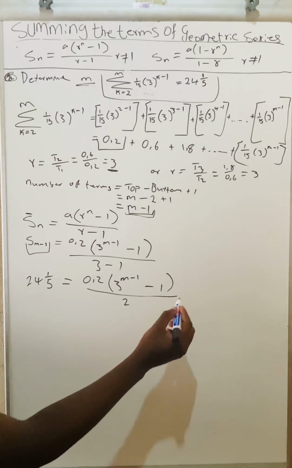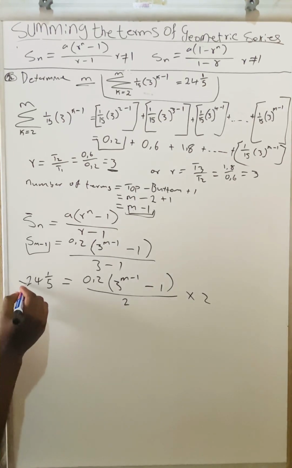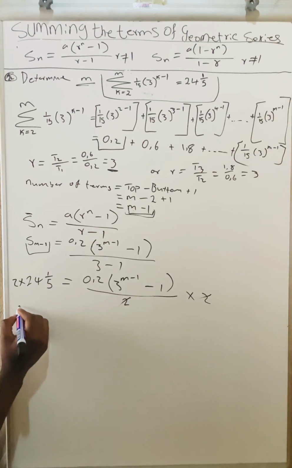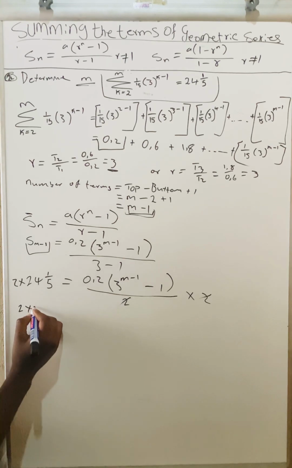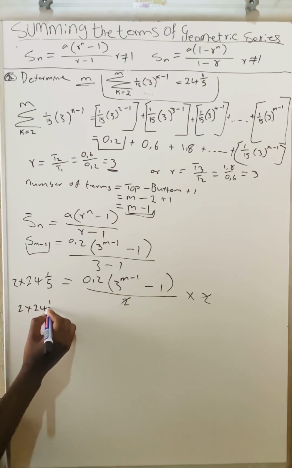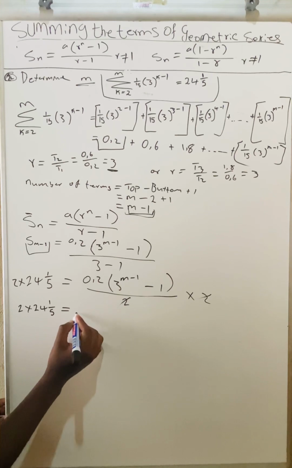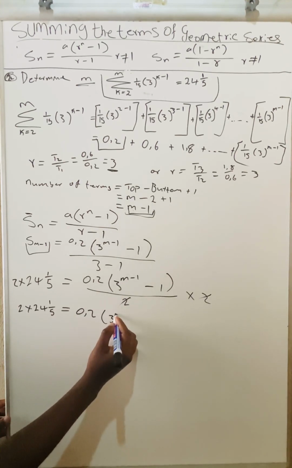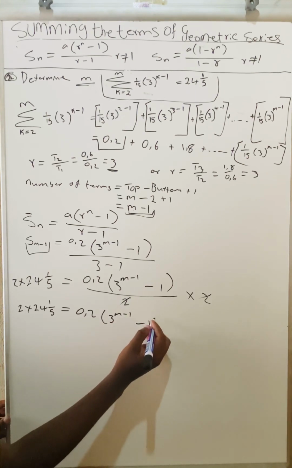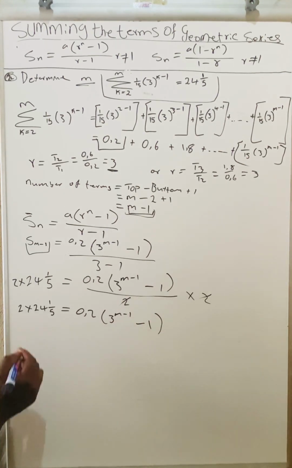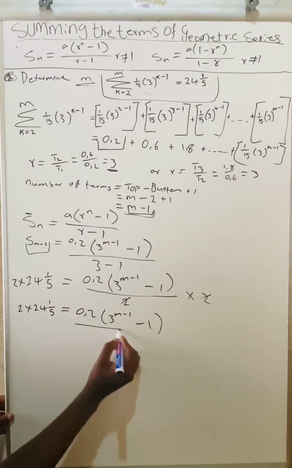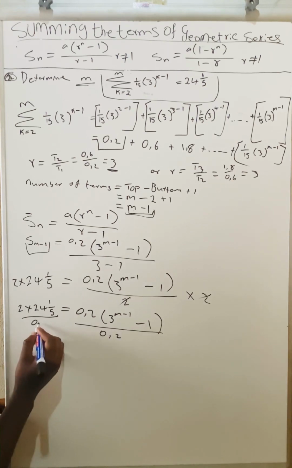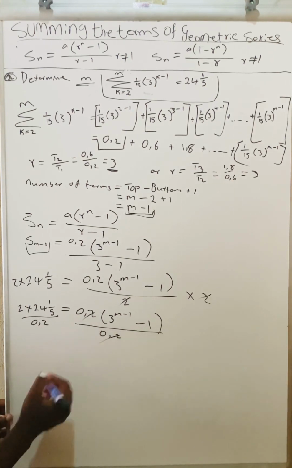Then from here, you can just multiply both sides by 2. This cancels this. This one you can write the way it is: 2 times 24.1 over 5, which is equal to 0.2 into 3 to the power m minus 1, minus 1 again. Then from here, you can remove this by dividing both sides by 0.2. This cancels this.